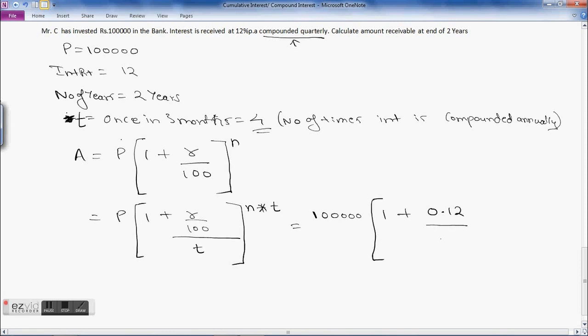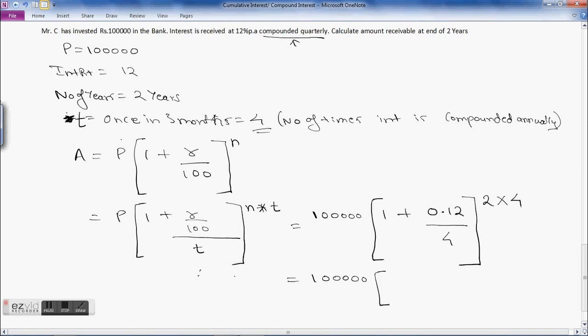This whole thing divided by number of times the interest is compounded, that is 4, correct? The whole into N is number of years, so that is 2 years, into 2 years into number of times the interest is compounded, that is 4 times, correct?